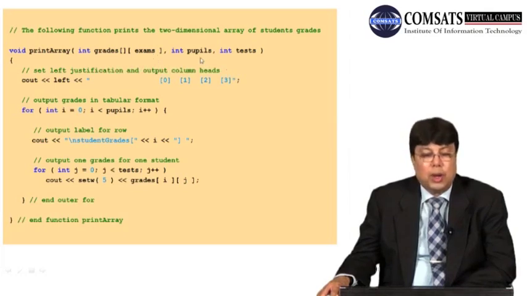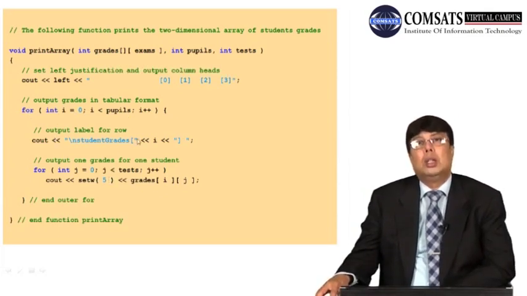This is the definition of the function. So 0, 1, 2, 3 is just a title, and here we are using two-dimension array, meaning 2 for loops. So this is for the students and this is for each grade. These are just the headings that it should print on the screen.